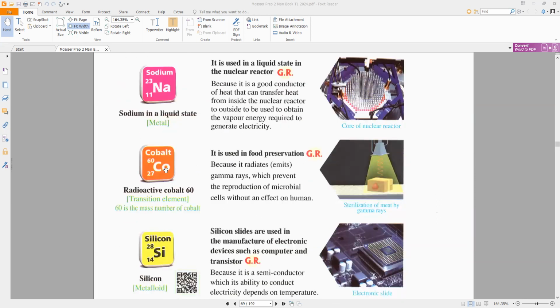Okay. The second element is cobalt. Cobalt is a transition element. Transition elements are found in the D block, like cobalt, but another derivative of cobalt is cobalt 60.